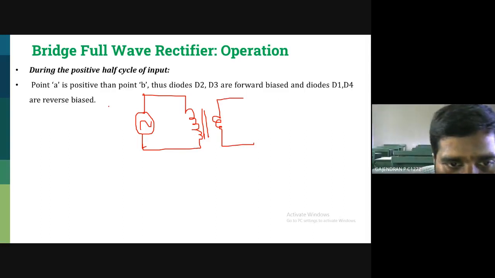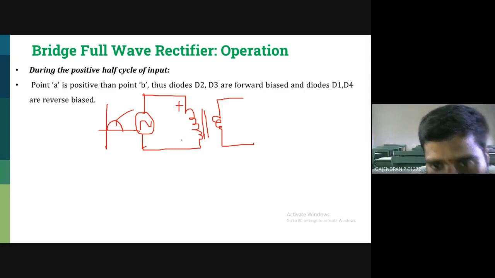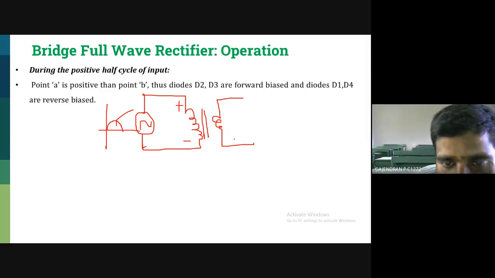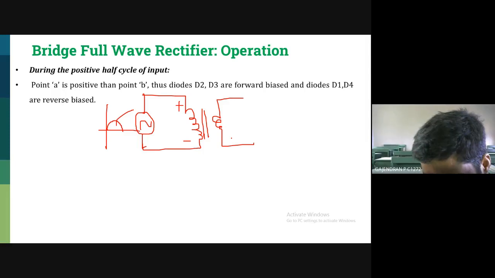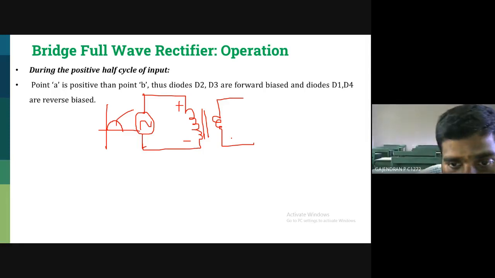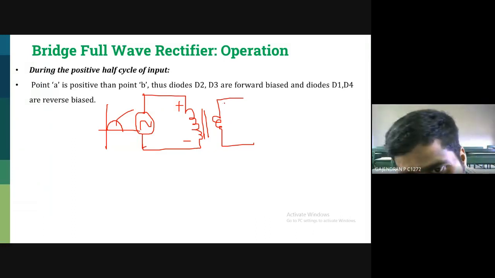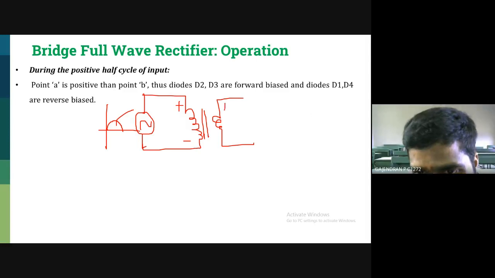Okay. So during positive half cycle, consider this terminal as positive and this is negative. What may be the polarity in the secondary side? Can anyone tell me? Secondary side eppadi irukum polarity? Top terminal is positive.